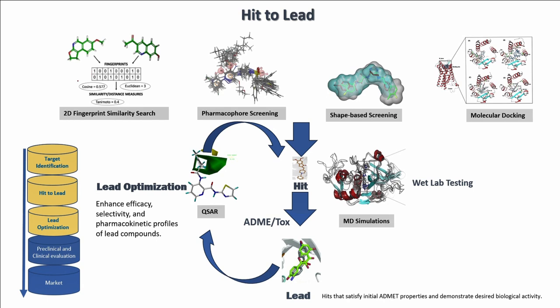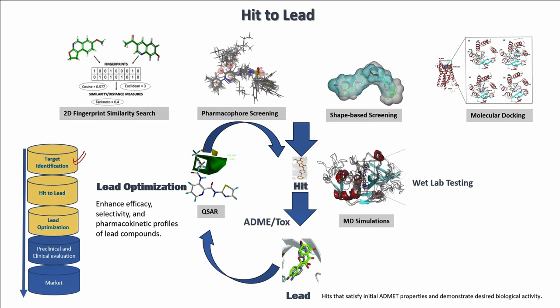So when we say drug discovery, we are looking at some of the steps involved in drug discovery. The first step is target identification. The second is identifying the hits, then moving to lead, and then lead optimization.